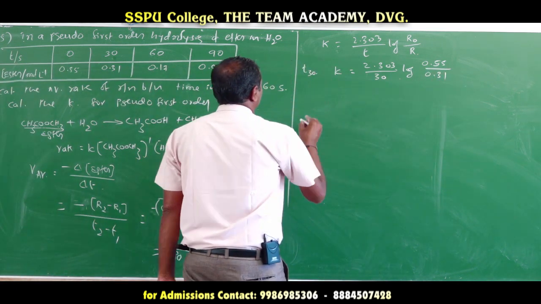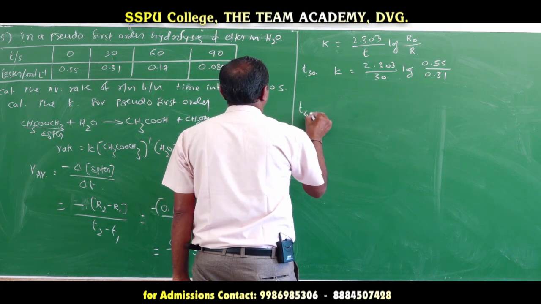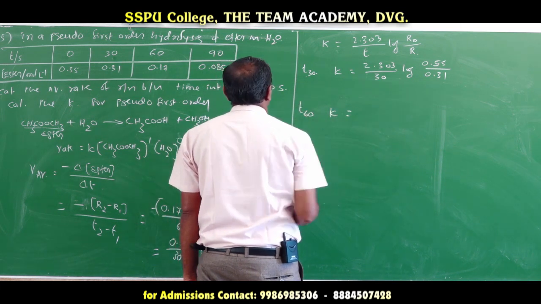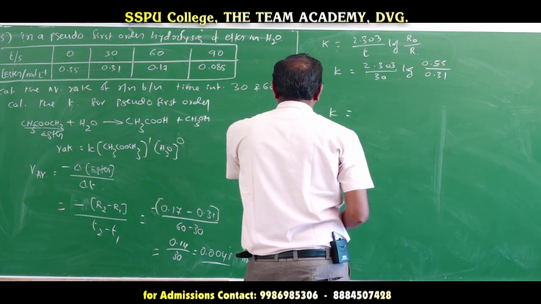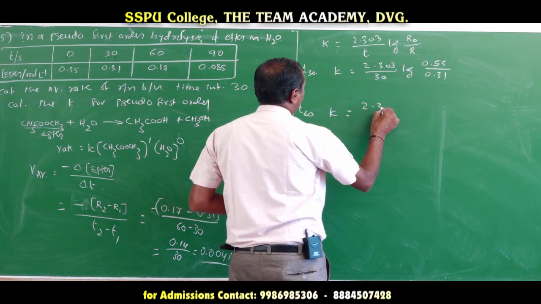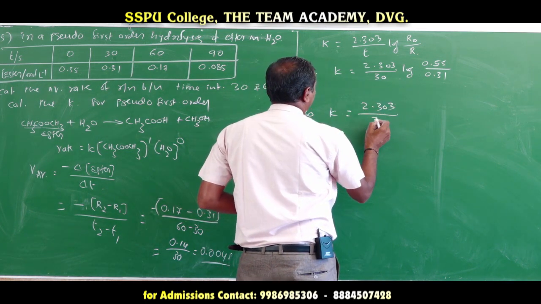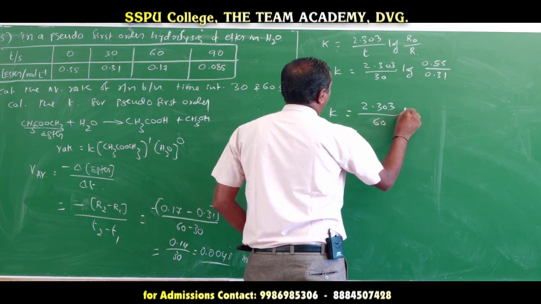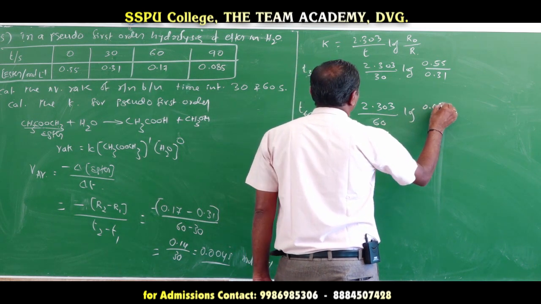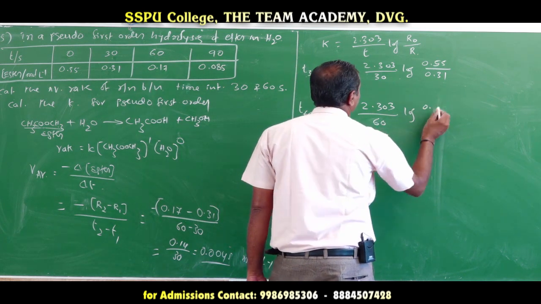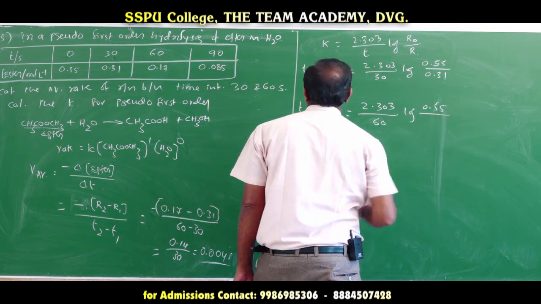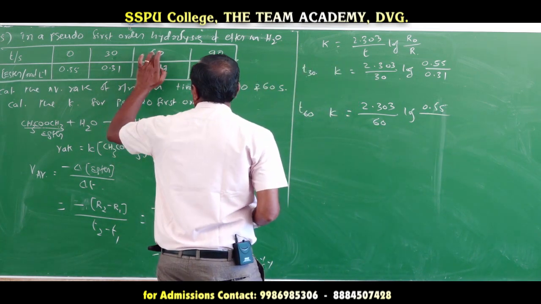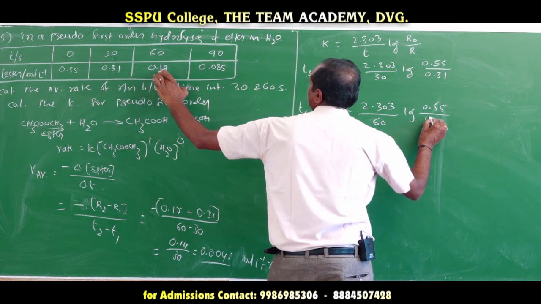Like that. At 60th minute, K is calculated by 2.303 by 60, log of the initial concentration, always 0.55, by the concentration left at 60th minute, which is 0.17.